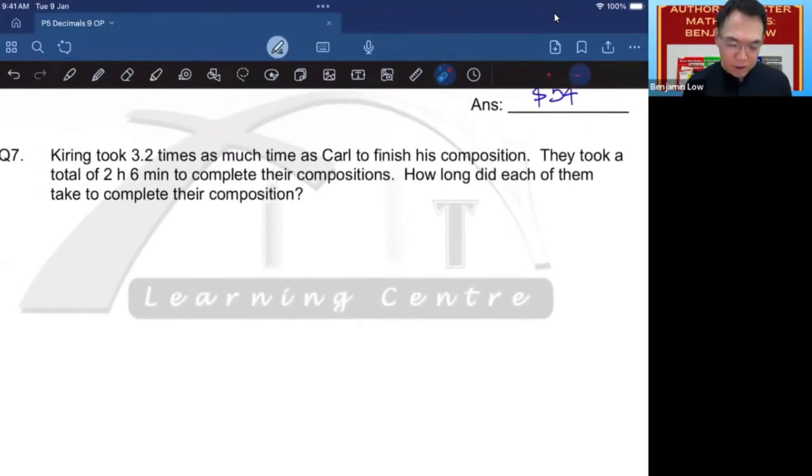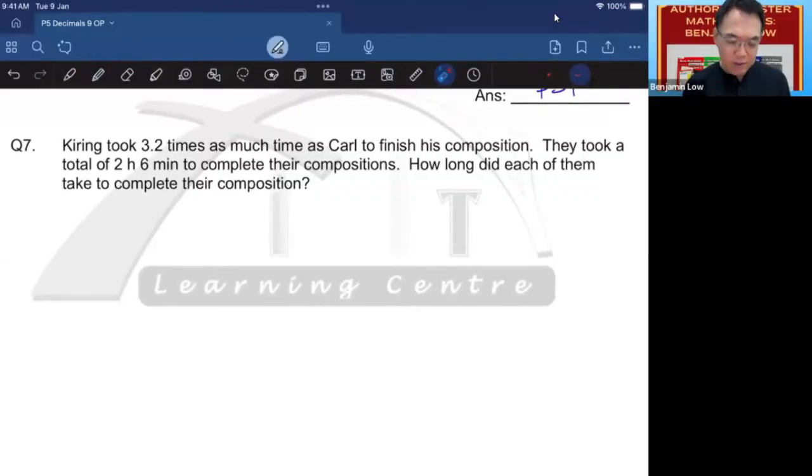So again, this time we have keywords saying that Kiring is 3.2 times of Carl, right? And they took a total of 2 hours and 6 minutes to complete everything. So the question is, how long did each of them take to complete their compositions?